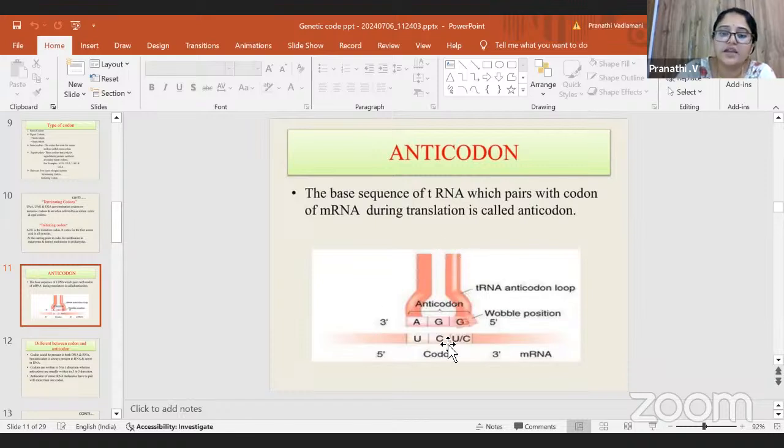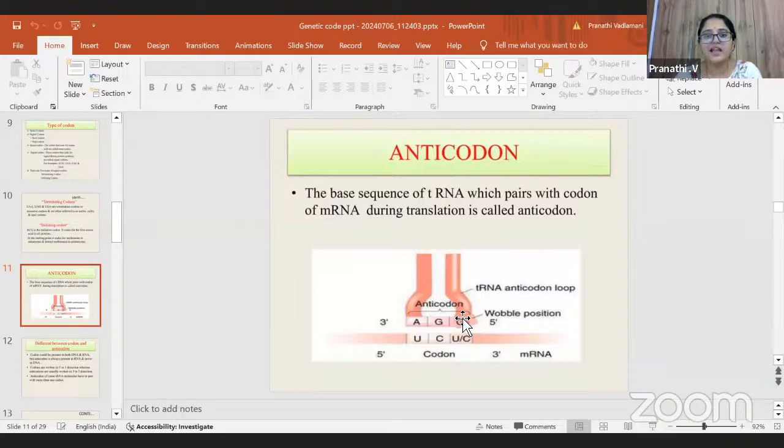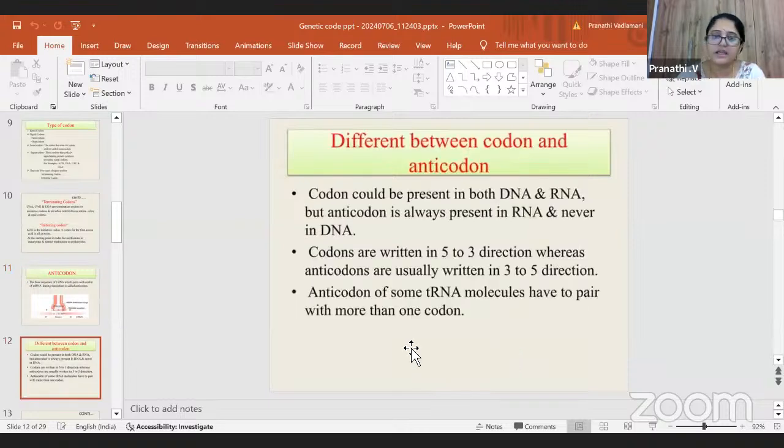This is the tRNA having an anticodon loop. This is the mRNA having these codons present. So what is the difference between a codon and an anticodon? You have to know that. A codon can be present in both DNA and RNA, but the anticodon is always going to be in the tRNA only, because it has to attach itself to the mRNA or the DNA to cause the particular process, be it transcription or translation, to occur.